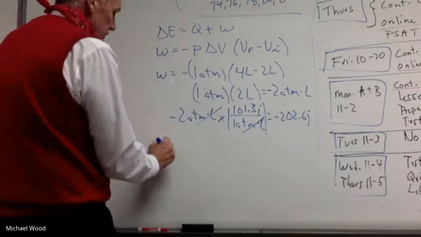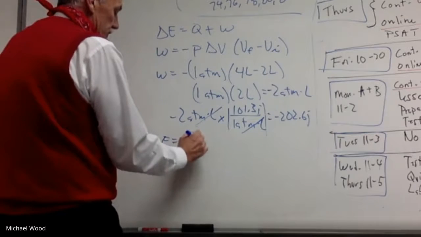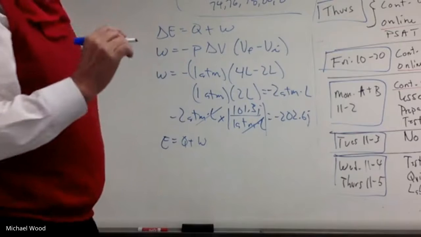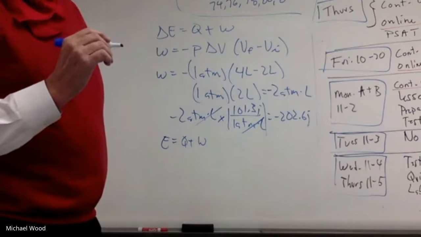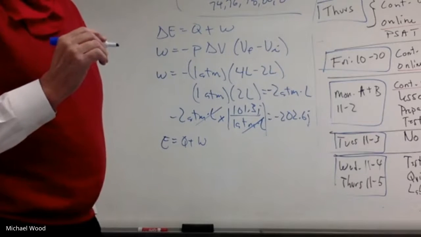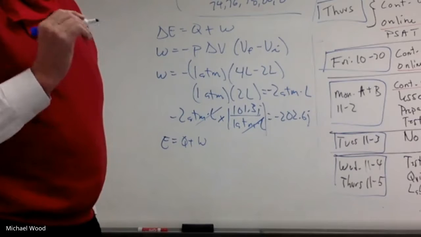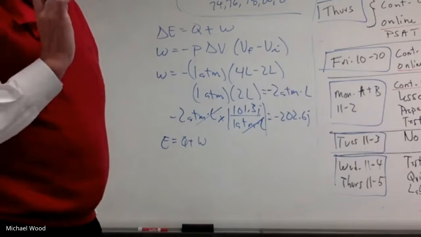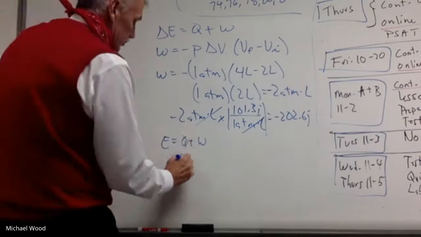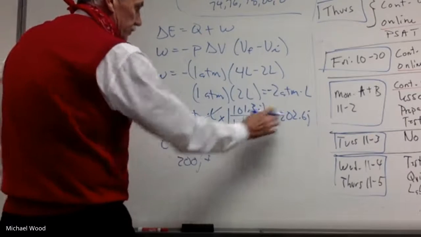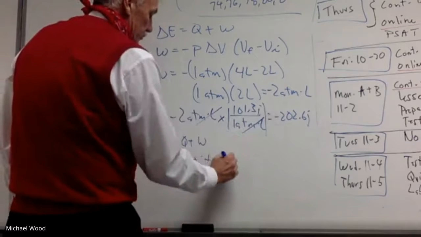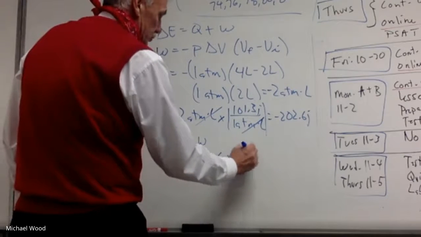Okay, now I'm going to go to this equation. Energy is equal to Q plus W. For the Q, it said that 200 joules of heat is added to the system. So the Q is 200 joules plus the W of negative 202.6 joules.